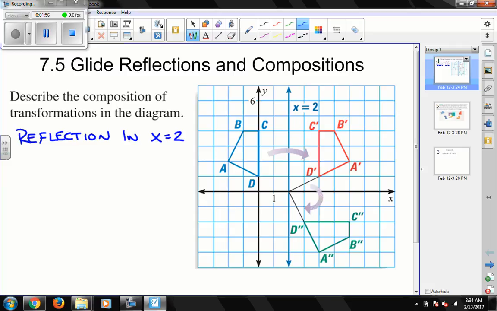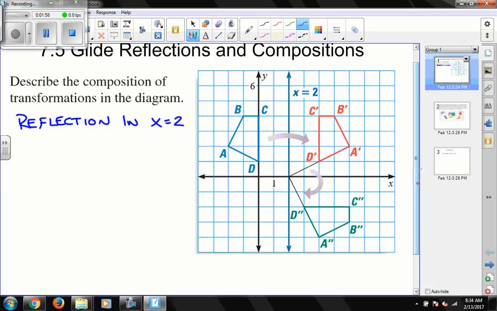Now the question is, how do we go from our red picture to our green picture? Well, it looks like we've got some sort of rotation. How do we know what rotation it is? It appears to be 90 degrees, and it will end up being a 90-degree rotation, and you can see we've got this arrow that tells us we're rotating.